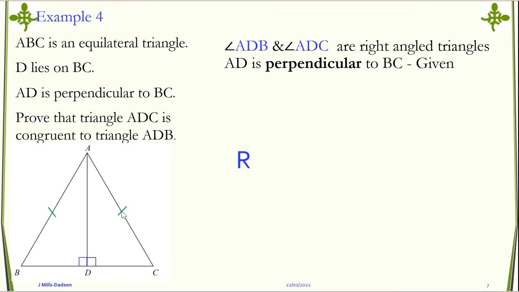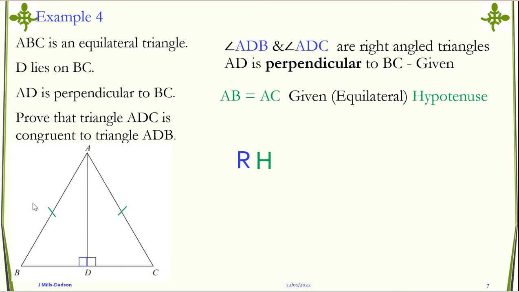Also, we know that given a right angled triangle, these two lines are the hypotenuse for each triangle. And the hypotenuses are equal because remember, in an equilateral triangle, all the sides are equal.